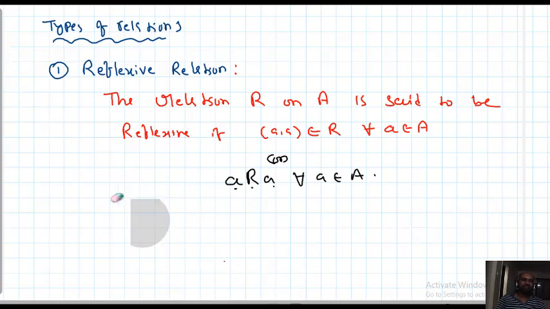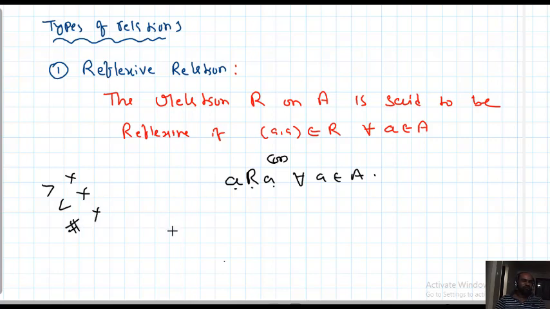So what is the observation? Reflexive relation means A related to A should be satisfied for every A belonging to that set. Okay. So what do you observe now? Greater than, not reflexive. Less than, not reflexive. Not equal to, not reflexive.